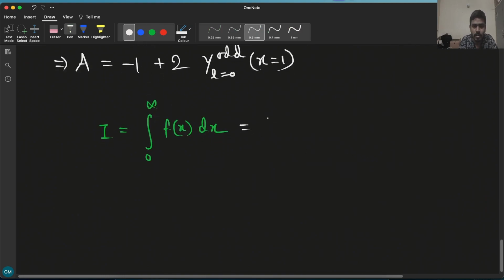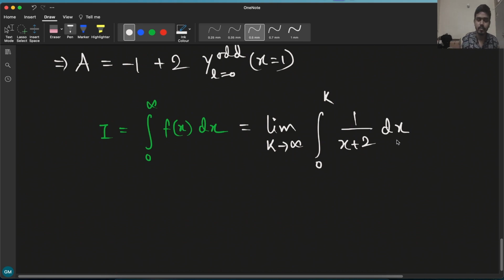I can write it as the limit k tends to infinity of the integral from 0 to k of 1 by x plus 2 dx.